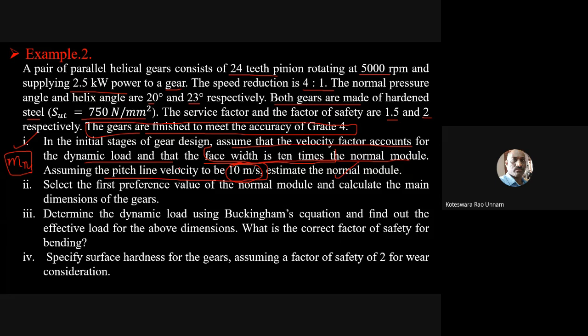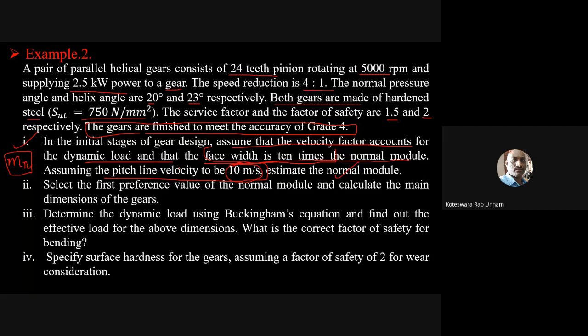The second one is: select the first preference value of the normal module and calculate the main dimensions of the gear. Once you calculate the module, he asks us to select the value from the first preference list for the normal module. Whatever normal module you choose, the value should be taken from the first preference.